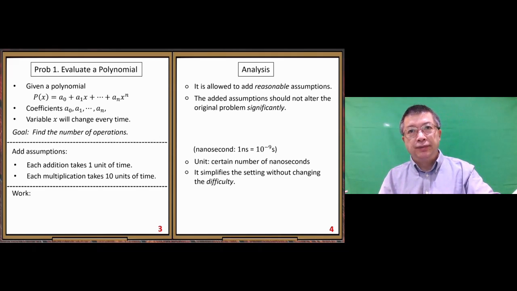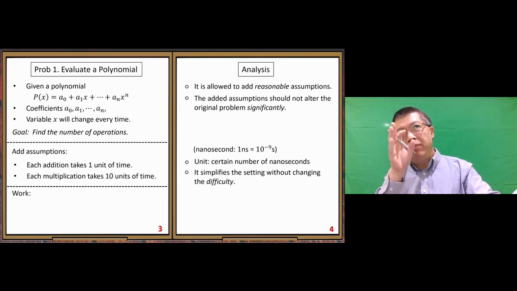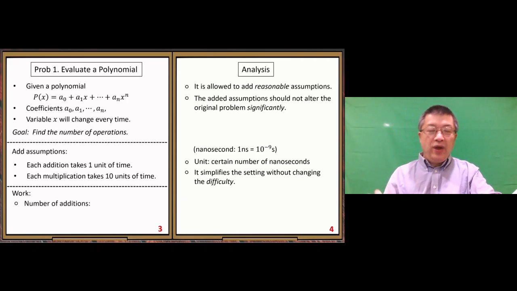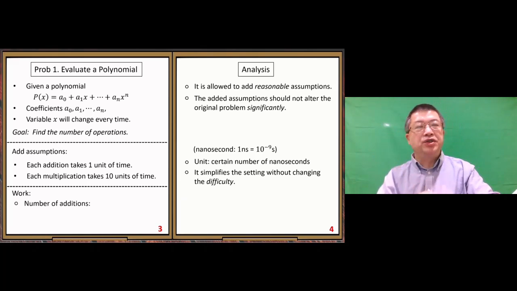To do the work, do the counting. Here we need to use discrete math. So that's why discrete math is the prerequisite of this course, because for this course, we will use discrete math knowledge all the time. We want to count the number of operations.